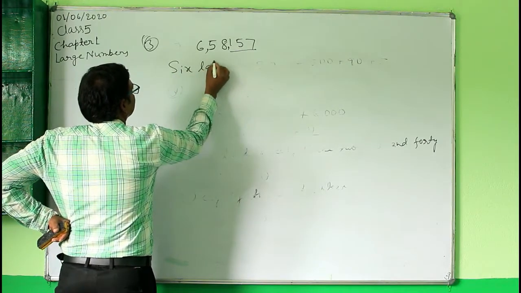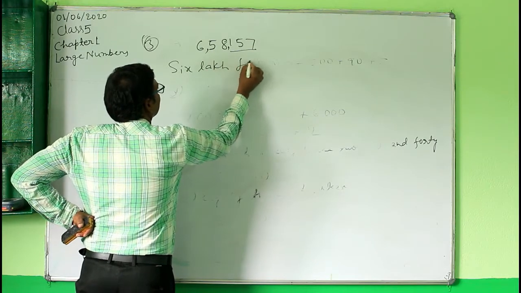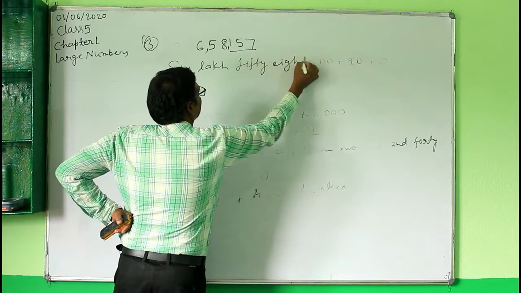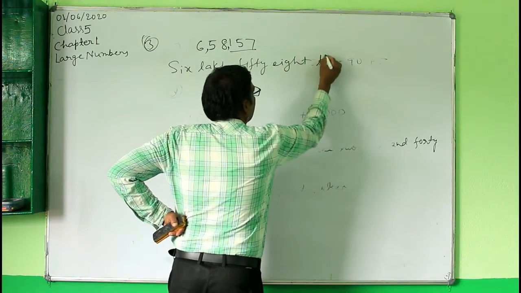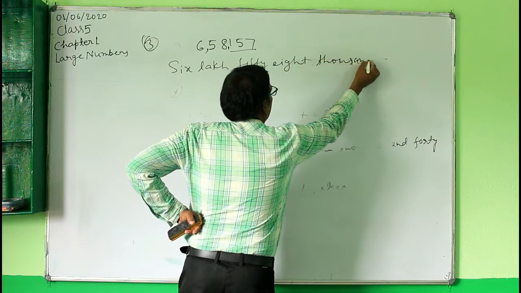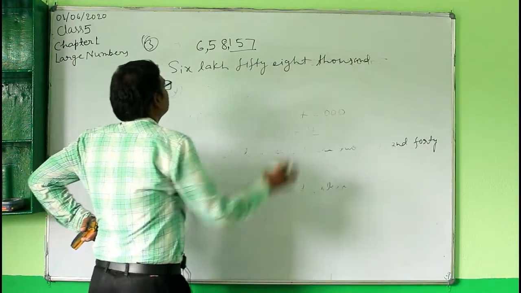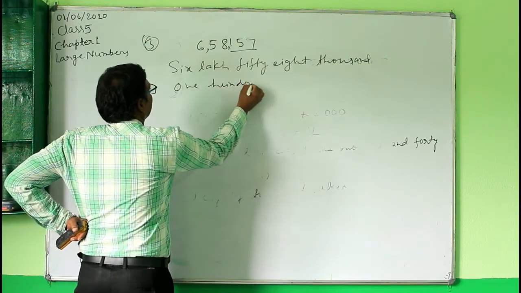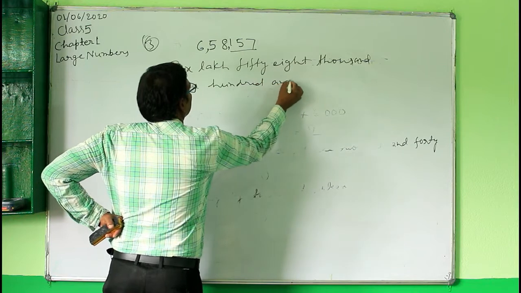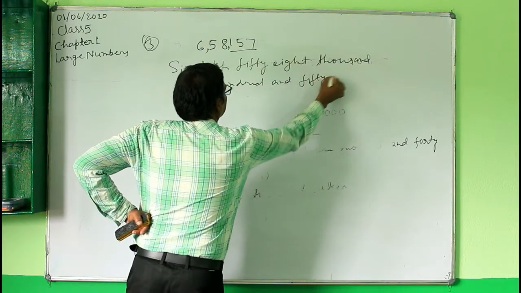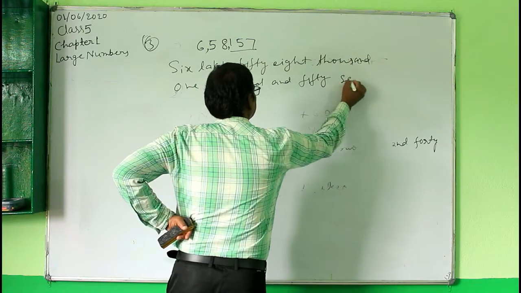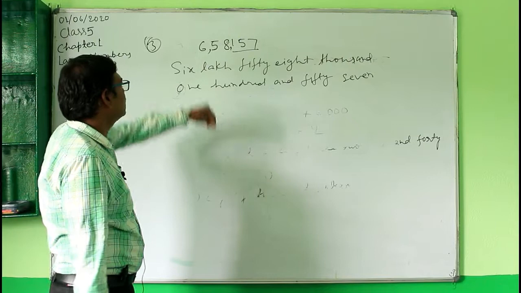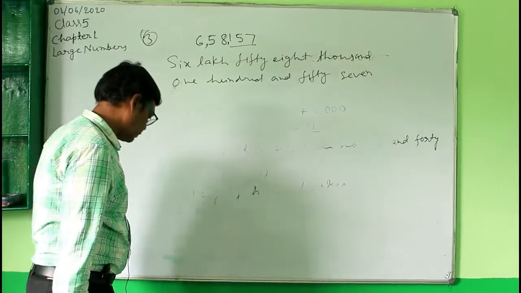6 lakh 58,100 and 57. Okay, this is the answer of this question, 6,58,157.